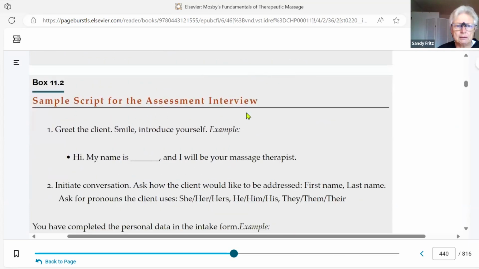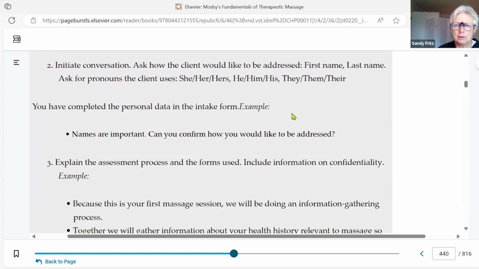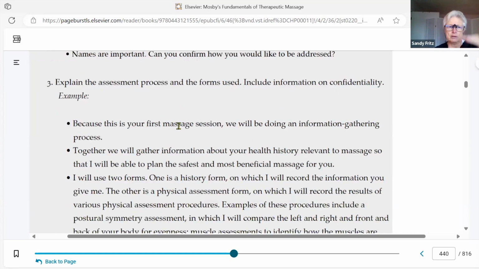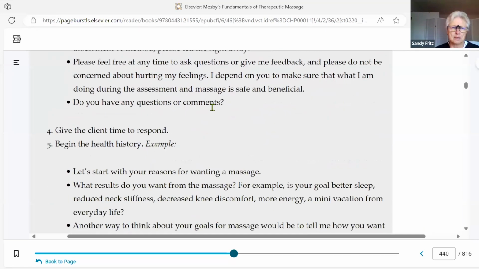So here's a sample script that I think would really help if you role played this and practiced this on some family members. You won't do it just like this, but it will give you that pattern of conversation and it explains the whole intake process.